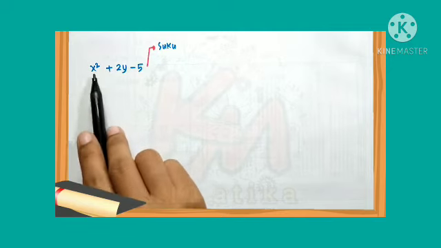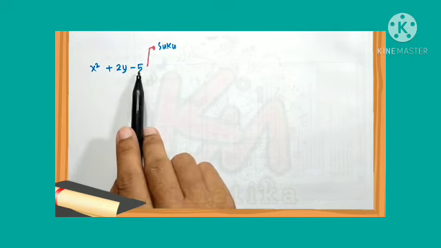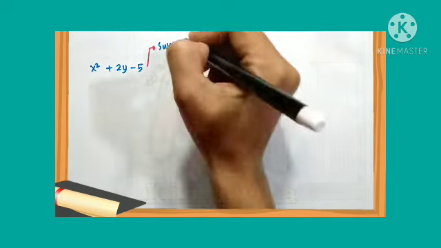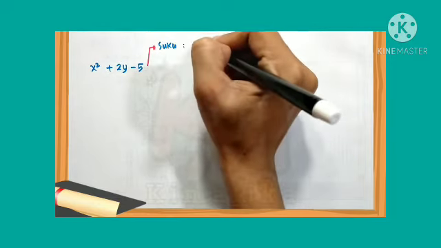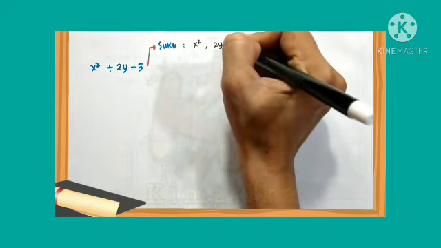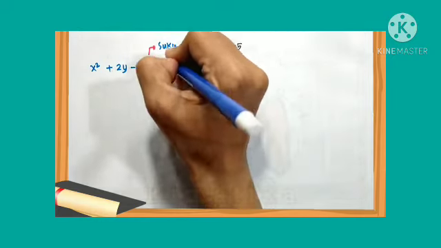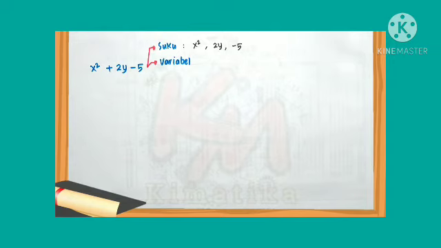We continue with number 2. In the following algebra, determine the coefficient, variable, term, and constant. The terms, or suku, of x squared plus 2y minus 5 are 3: x squared, plus 2y, and minus 5.